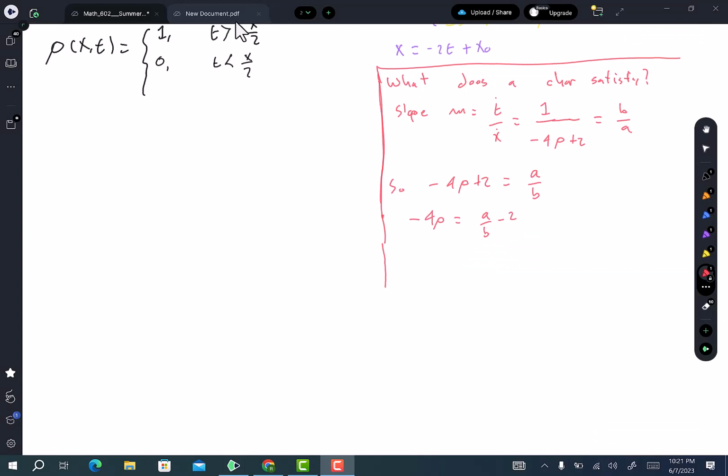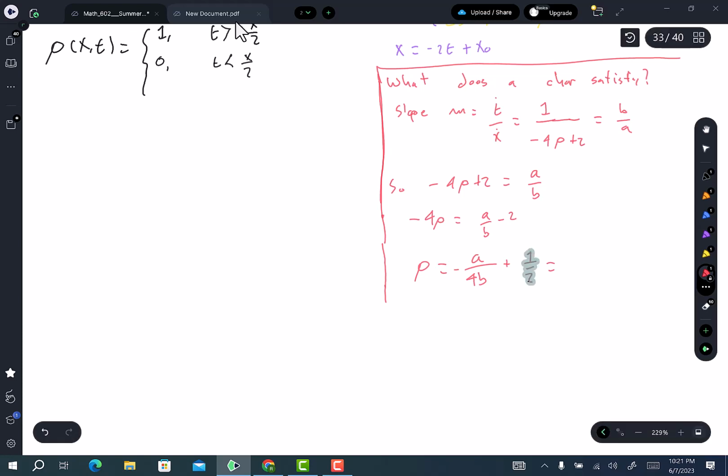If I divide both sides of this equation by minus 4, rho is equal to minus a over 4b plus 1/2. And if you want to get a common denominator here, you need to multiply the 1/2 by 2b over 2b.